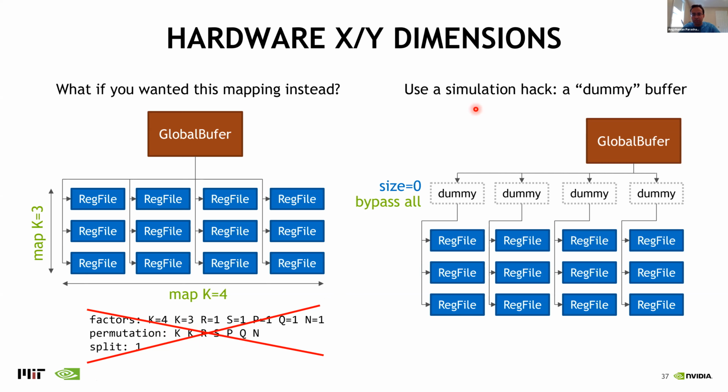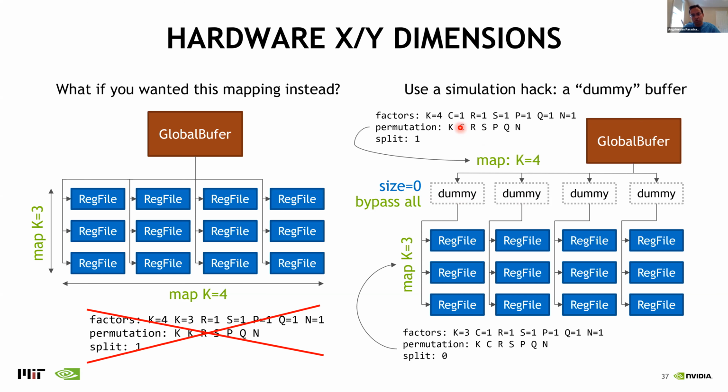And so what you do is just cascade, instead of doing both the X amplification and the Y amplification in the same mapping block, you split it into 2 stages. And so you create this dummy buffer level with size equals 0, and you always bypass all tensors at this level. And then you do this further Y broadcast from the dummy into the register file. And what that gives you is 2 mapping blocks.